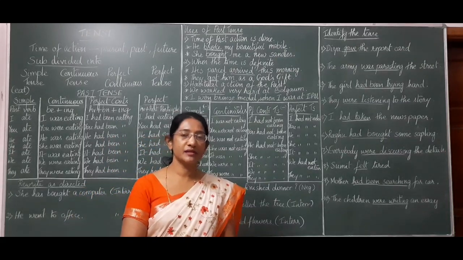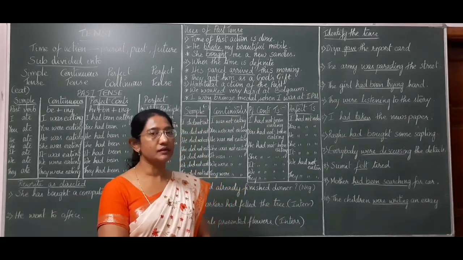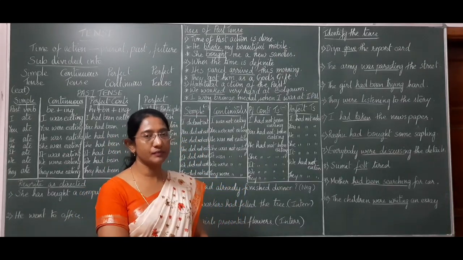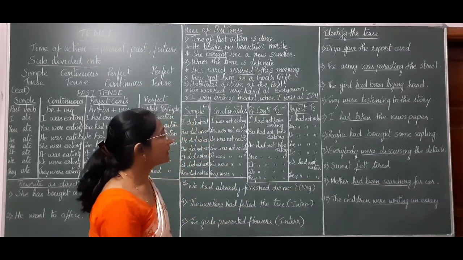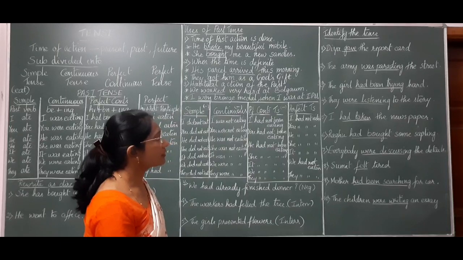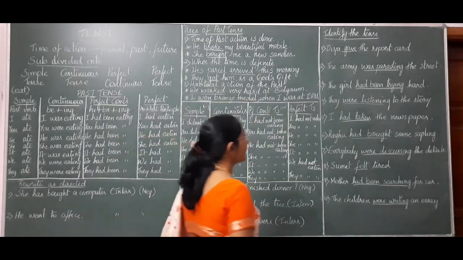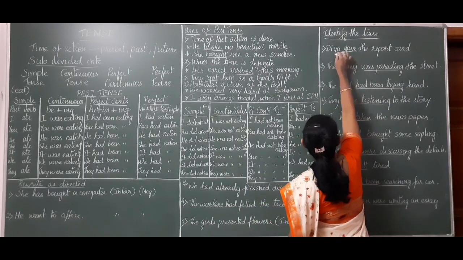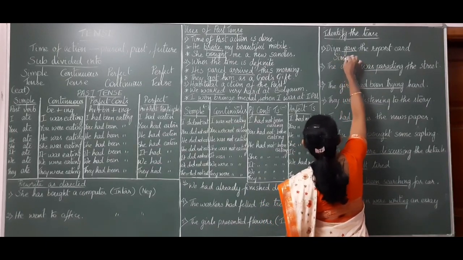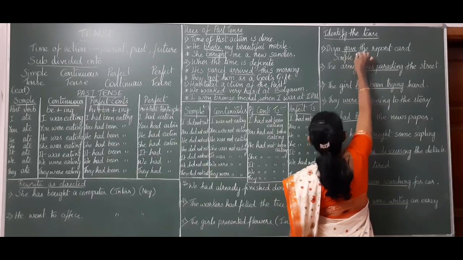Let us now familiarize with the past tense and the subtenses of the past tense. Identify the tense. Daya gave the report card. So the underlined word is in the past tense. So it is a simple past tense.